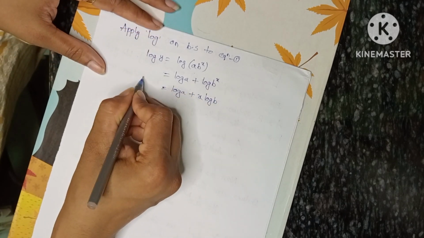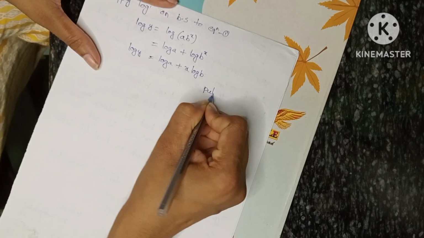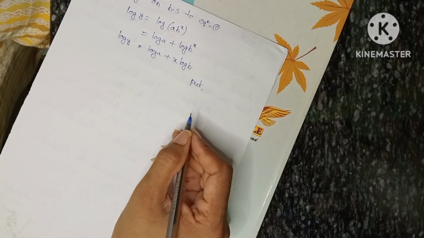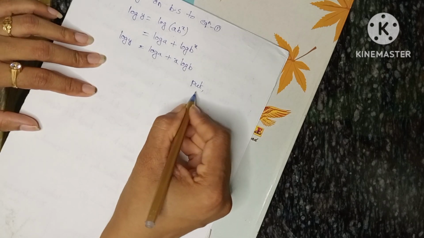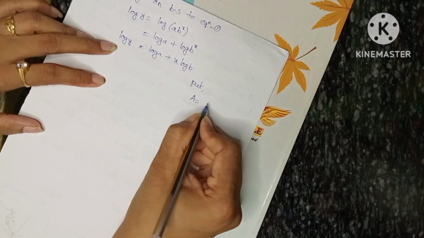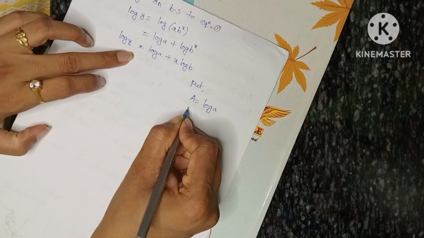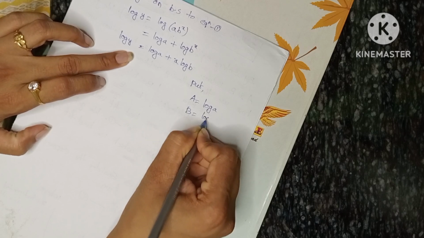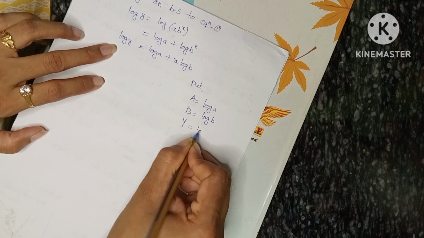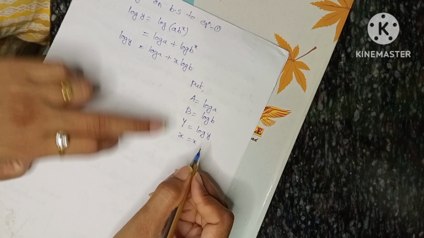Okay, so again what we have to do? Put capital A equals log a, capital B equals log b, capital Y equals log y, small x equals, again small x only we have to take.